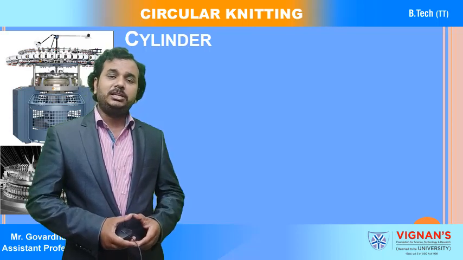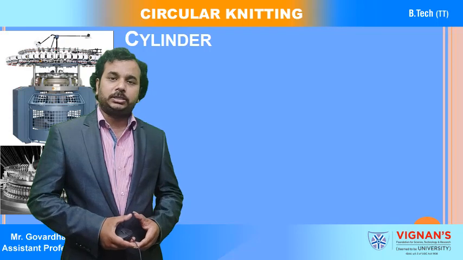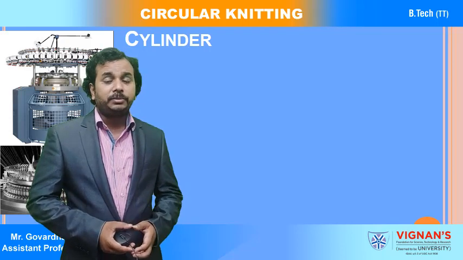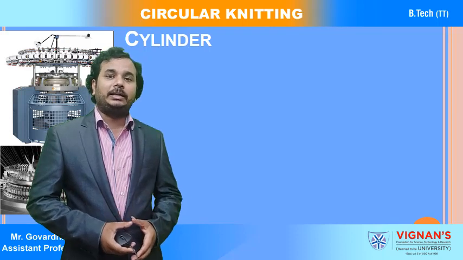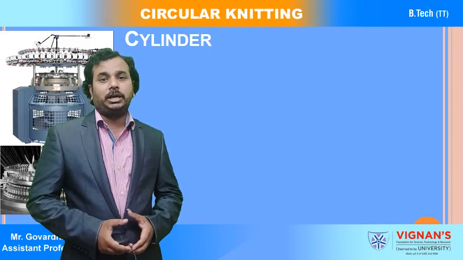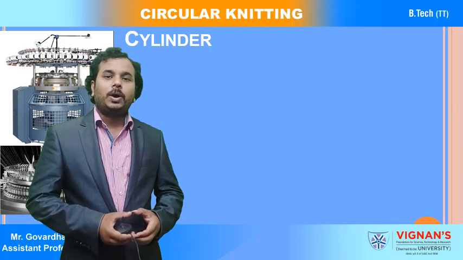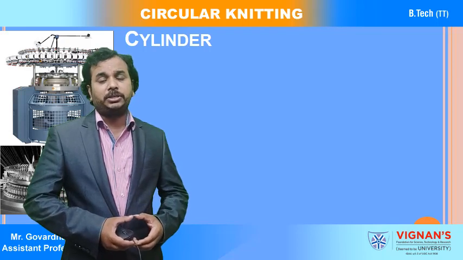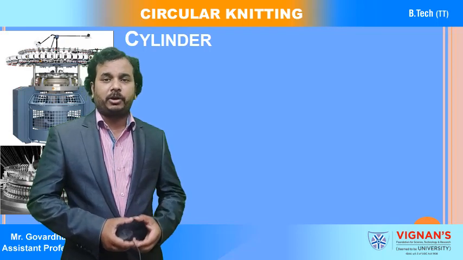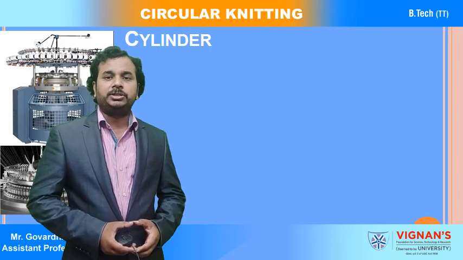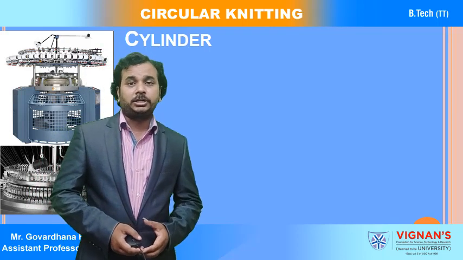So we will see these two categories, the cylinder and dial circular knitting machine, and the second category, the double cylinder circular knitting machines. We will see the major components and the procedure of fabric forming in the double bed weft knitting machines in this session.